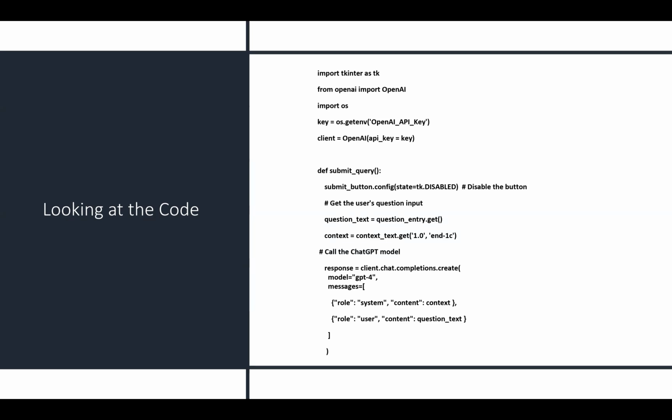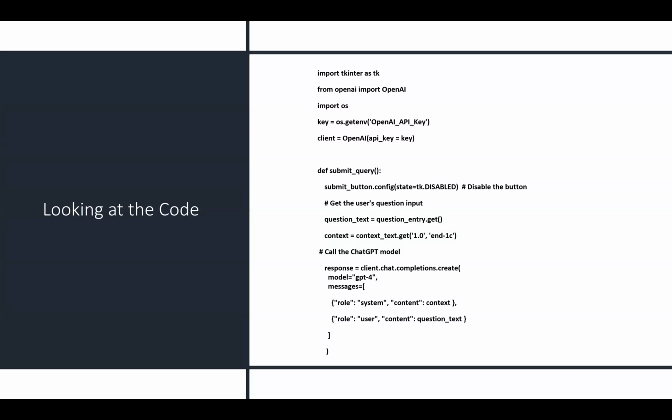The majority of the OpenAI and ChatGPT processing occurs within the submit_query function. And so the first thing I do within that function is to disable the submit button. ChatGPT, as you know, takes a few seconds, sometimes several seconds to get its result. And we don't want the user to think nothing's going on and continually click the submit button. So I disable it. Then I get the question text from my question field. I get the context from the context field.